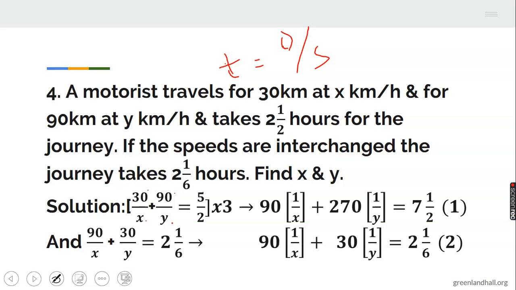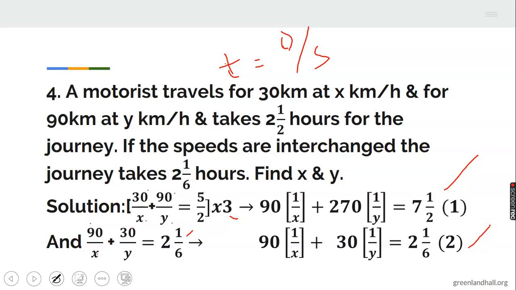We can clear the fraction by multiplying the whole of this by 6. We have equation 1. Then the second one, when you interchange, it will be 90 over x plus 30 over y, which gives us this time. Now by clearing the fraction, we have this.